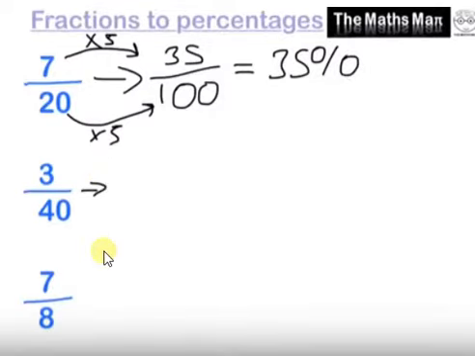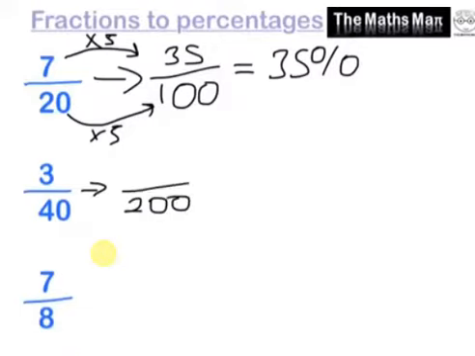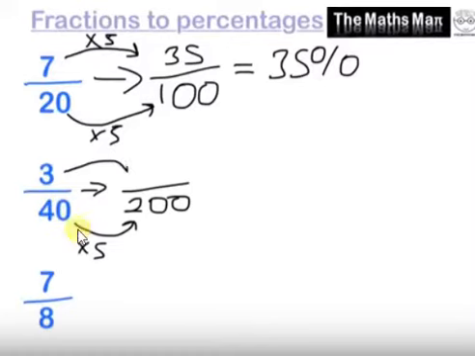In this case you have 3 over 40. A number that will make 40 arrive at 100 is 40 multiplied by 5. You get 200, so that this can be reduced to 100. So you do it to both the numerator and the denominator.